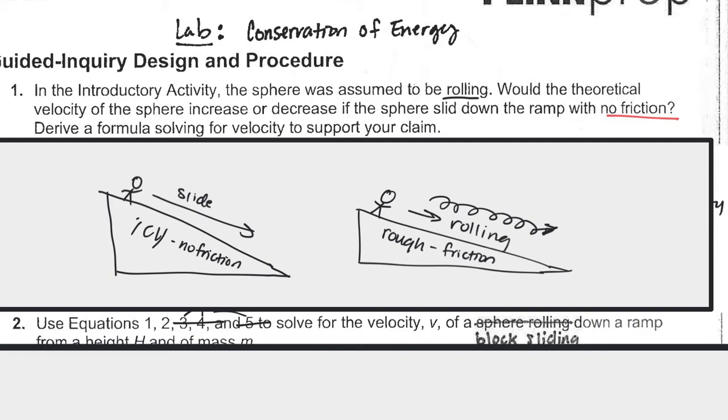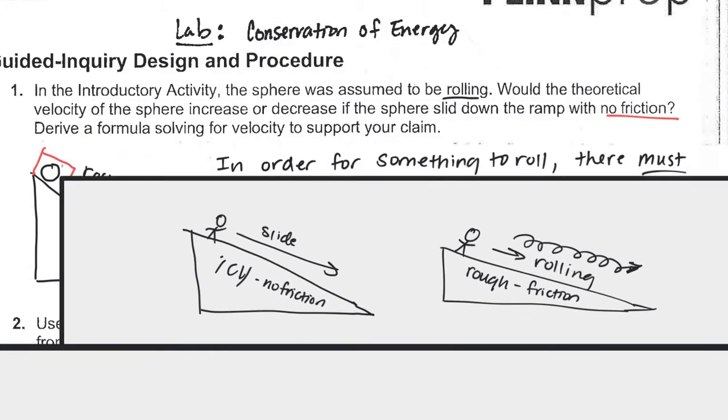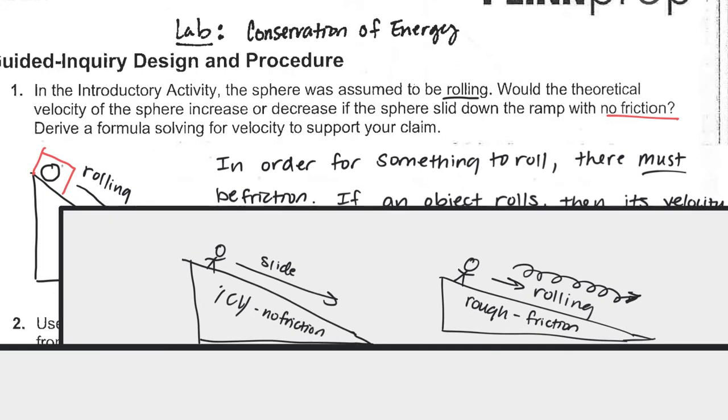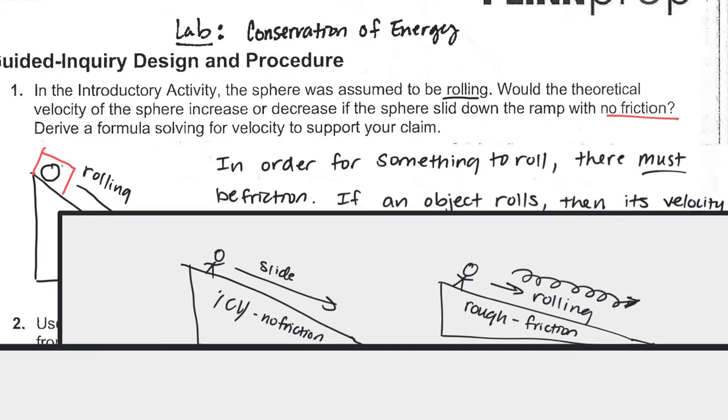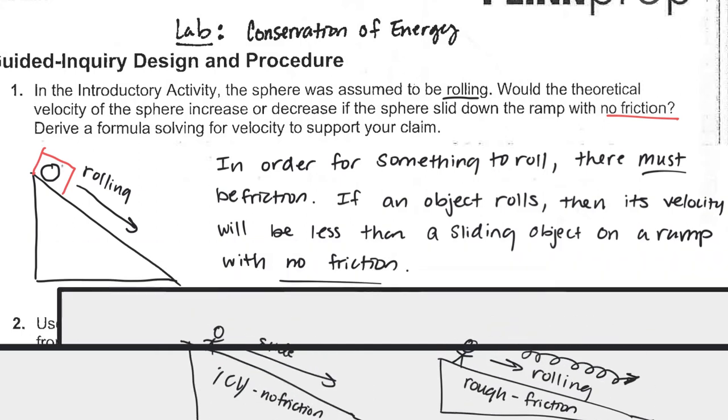So let's look at our answer right here. In order for something to roll, there must be friction. If an object rolls, then its velocity will be less than a sliding object on a ramp with no friction. Okay, so that would be the answer.